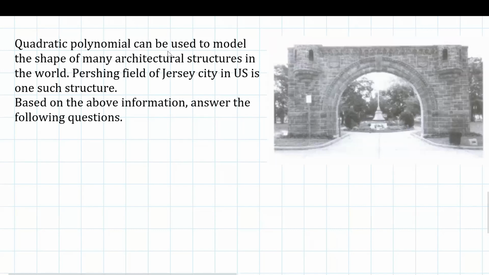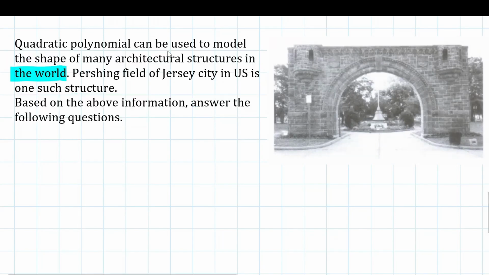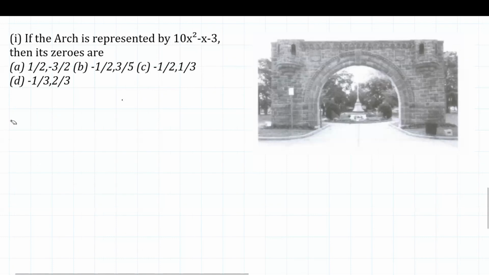In the next case study question, it says quadratic polynomials can be used to model the shape of many architectural structures in the world. In the field of Jersey City in US, one such structure is given over here. As you can see, this is the structure. Based on this, we have to answer the questions that follow.